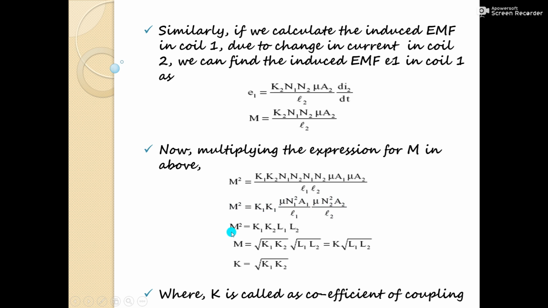So that can be written as M square is equal to K1 K2 L1 L2. So mutual inductance is equal to square root of K1 K2 into square root of L1 L2, which is equal to K root L1 L2, where K is called the coefficient of coupling.